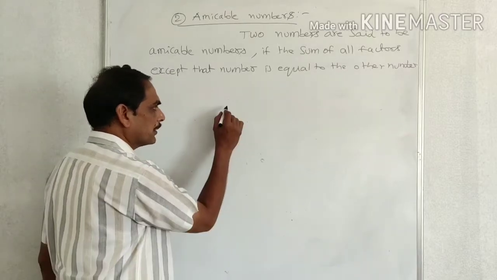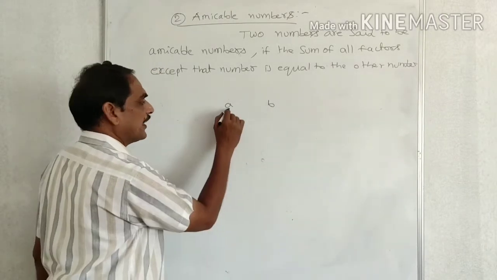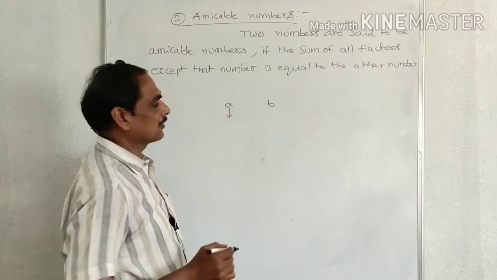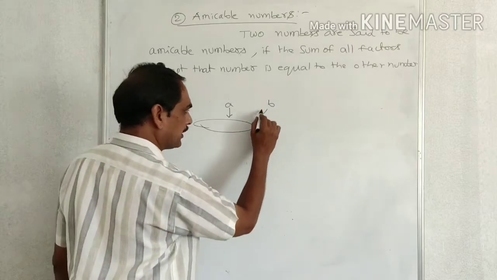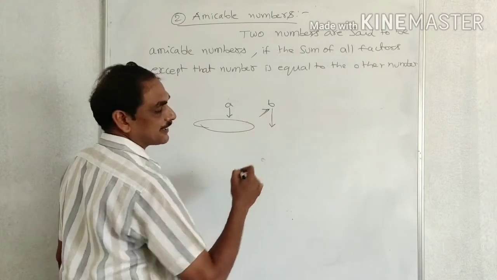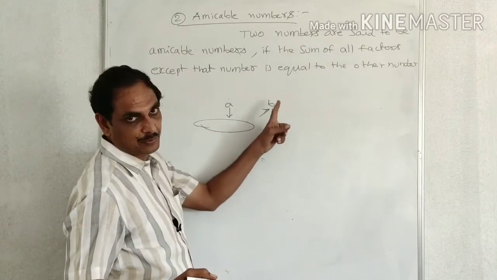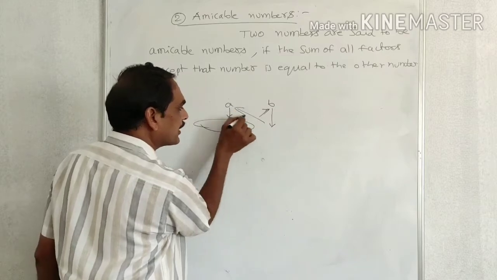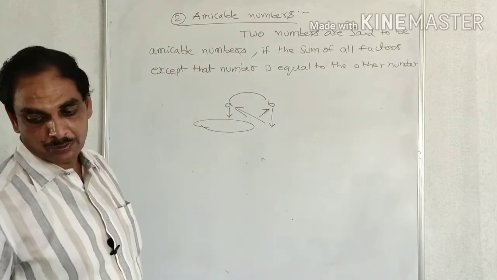Suppose we take two numbers A and B. We write the factors of A except A, and the sum of all factors of A except A is equal to B. Similarly, the sum of all factors of B except that number is equal to A. Then the two numbers A and B are said to be amicable.